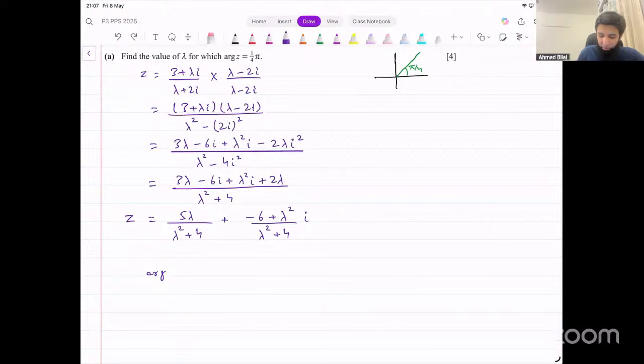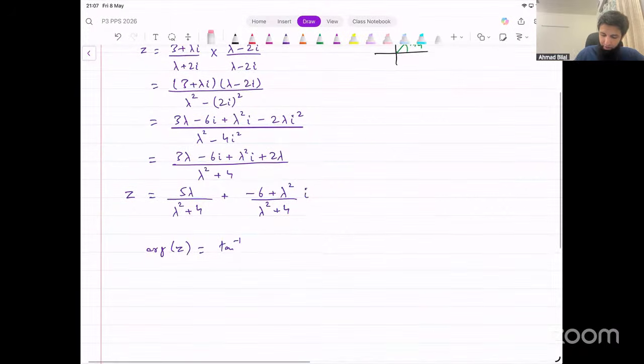So we can say the argument of z must equal tan inverse of the imaginary part divided by the real part. Okay, that will be a bit too complicated a fraction.